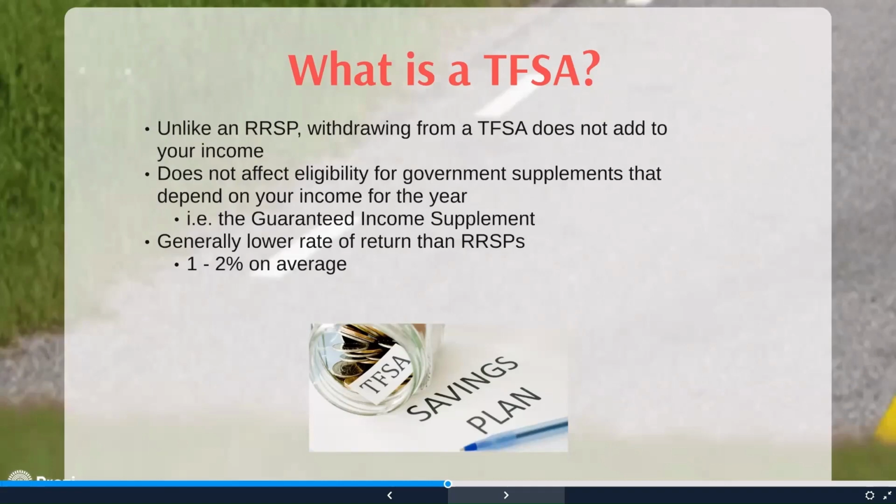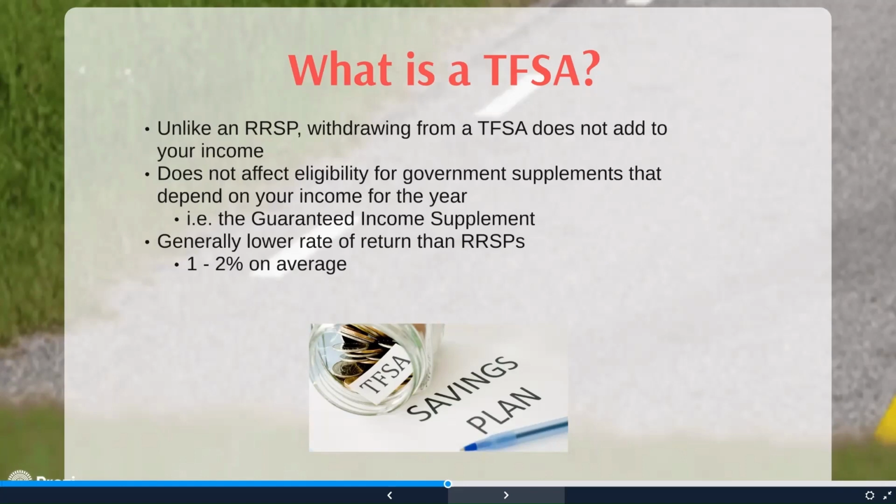So the great thing also with a TFSA is you can invest in stocks, exchange traded funds, bonds with it. You can invest in any investment. So you can make more money actually with a TFSA than an RSP if you invest in the right things.